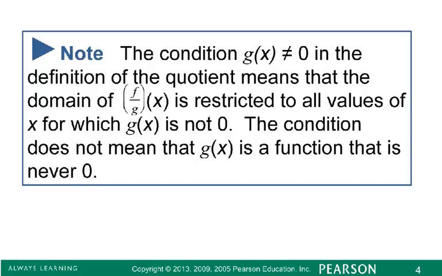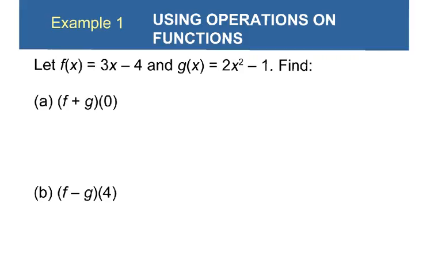Those are the values that we're going to exclude from our domain, okay? It's not saying that our function is never going to equal 0. Well, it's true, it's never going to equal 0 in the denominator, but I just want to make note of that part of the definition.